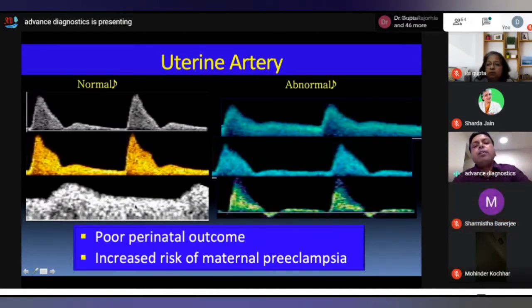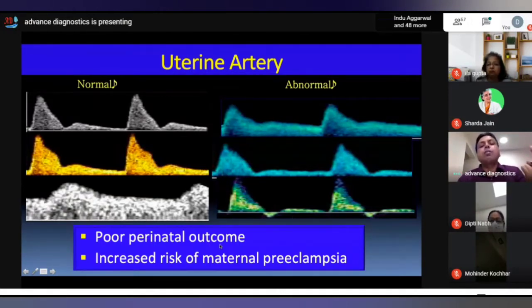So the PI will fall gradually throughout gestation, giving increased supply to the uterus and in turn to the fetus. But in the abnormal situation, the PI will increase and diastolic flow will go down with progressing gestational age, and this is associated with poor perinatal outcome and increased risk of maternal preeclampsia.